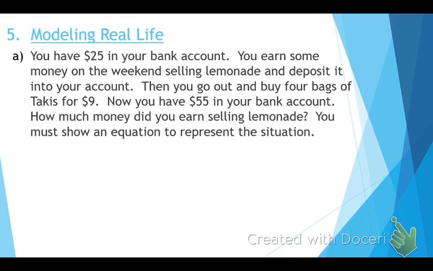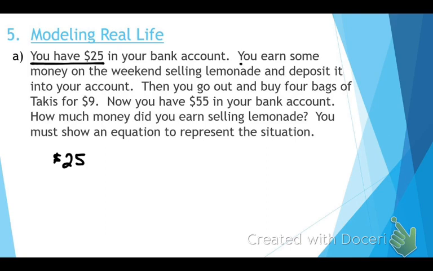So let's just start from the very beginning of our problem, class. Everybody, I want you to underline you have $25. So that's our basis where we're starting. So we're going to go ahead and write $25. Now let's keep reading to see if we can figure out what else we might need to underline or put into our equation. It says you earn some money on the weekend selling lemonade and you deposit it into your account.